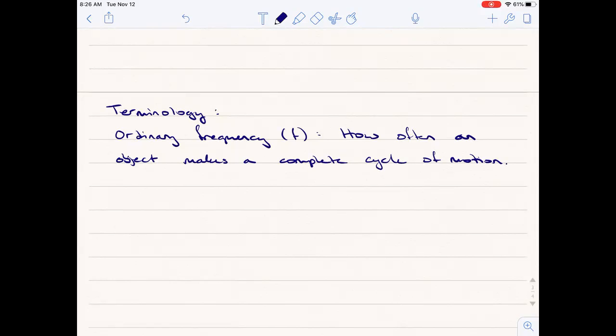The only reason I'm pointing these out is because it could come up in a problem. So if a point has an ordinary frequency of 32 hours, then you know that that's how long it takes to make a complete cycle.